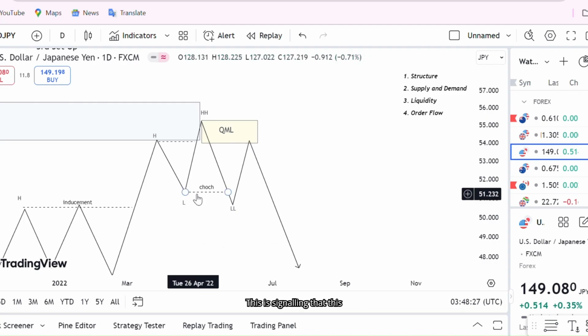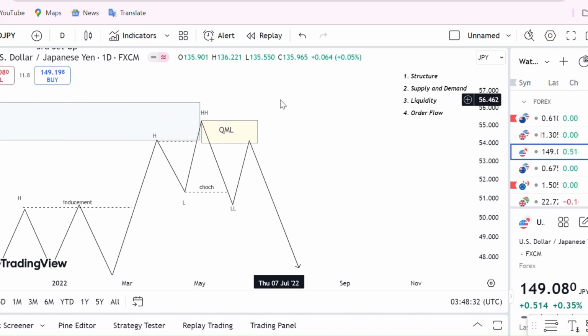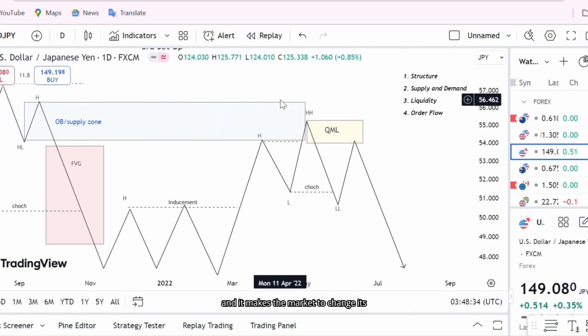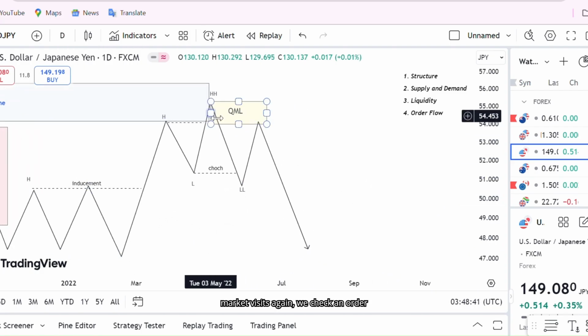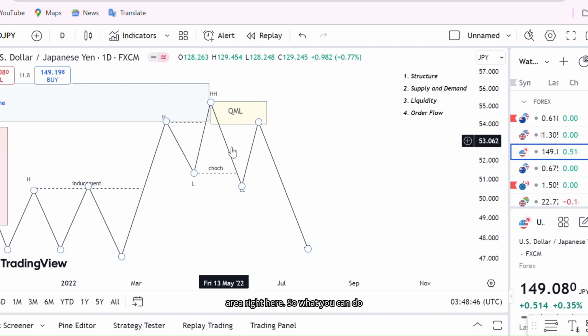This is signaling that this supply zone is powerful, and it makes the market change its character. So when the market visits again, we check for an order block in this area right here.